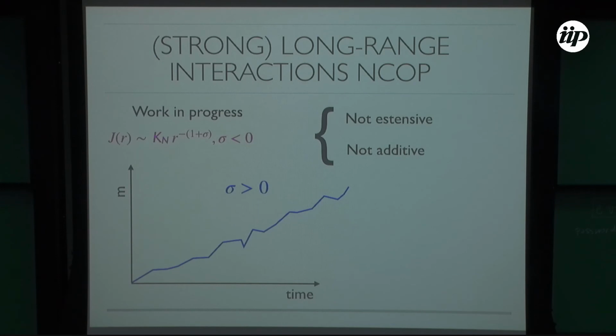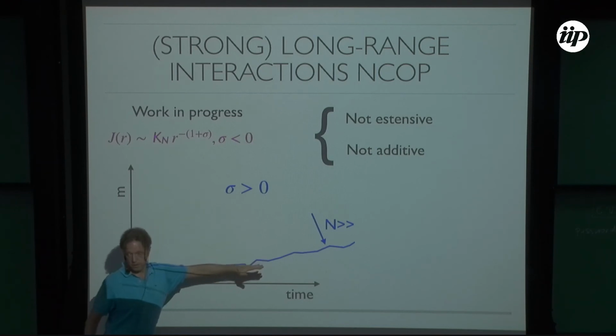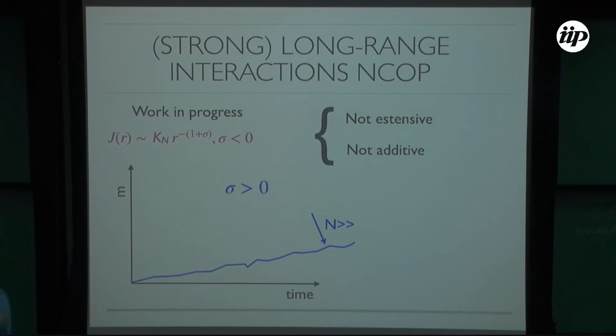Actually what you have is that some magnetization develops in time, like that. But if you go to larger and larger system, at a fixed time, this magnetization is suppressed. So the larger the system is, the smaller the magnetization that develops. And this tells you that the order of these two limits does not commute.